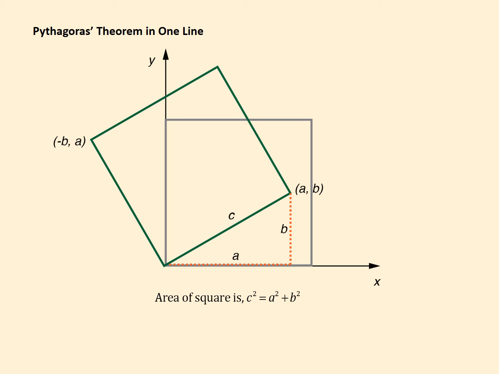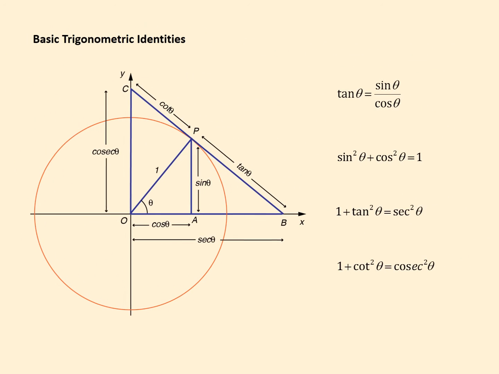Now moving on to trigonometric identities, I'll first look at some of the basic ones, which can all be got from a single diagram. Here we have a circle with a point P somewhere on it, and OP makes angle theta with the x-axis.